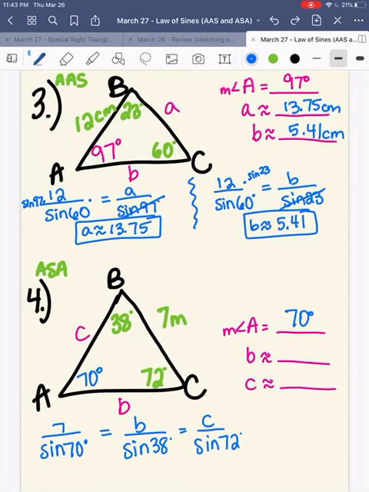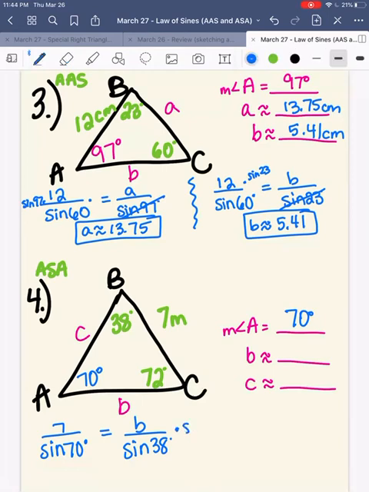Okay, so we're going to do 7 divided by sine 70. And then we're going to times by sine 38. So our B is approximately, maybe I shouldn't do the shortcut yet. Okay, I'm going to erase it, but y'all get the point, okay? I don't want to just skip steps just yet.